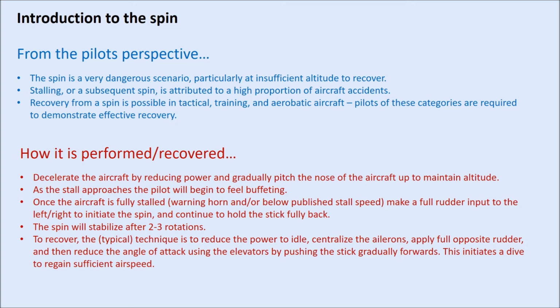At this point, the pilot will make a full rudder input either to the left or to the right to initiate the spin. So this is mimicking that wing drop, right? So that it's mimicking the fact that one wing fully stalls before the other, and we have this imbalance of loading on one wing or the other, and this will initiate the spin.